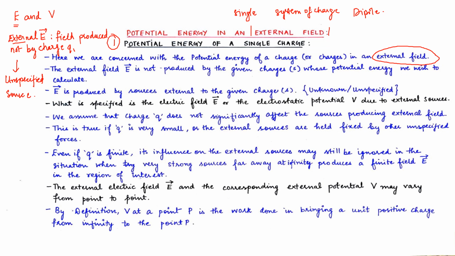The external field E is not produced by the given charge or charges whose potential energy we wish to calculate. E is produced by sources external to the given charges, unknown and unspecified.